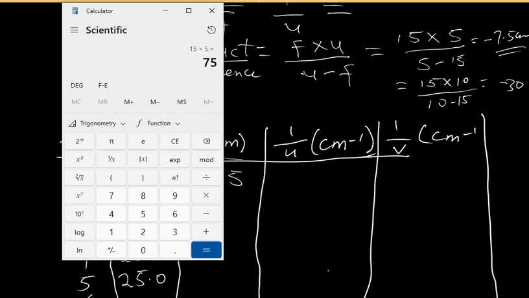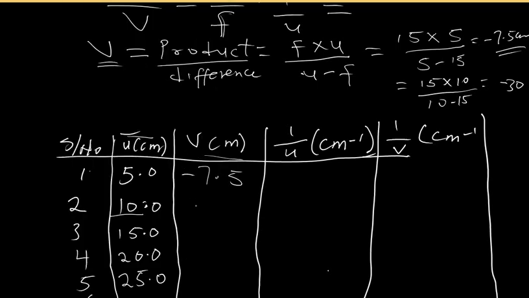So here I have 15 times 10, then for 15, I have 15 minus 15, which gives me 0. This should be 0.